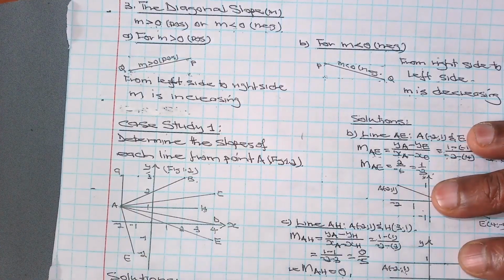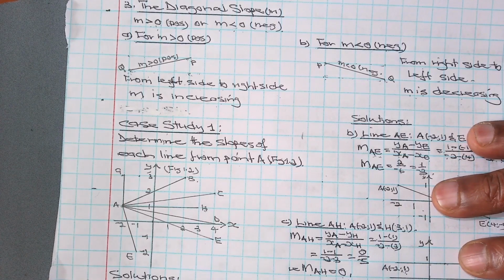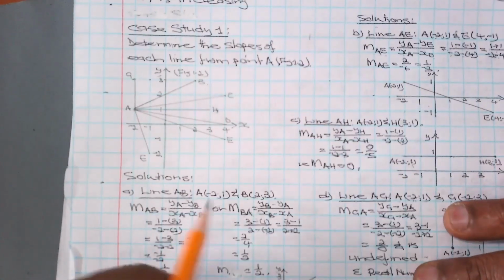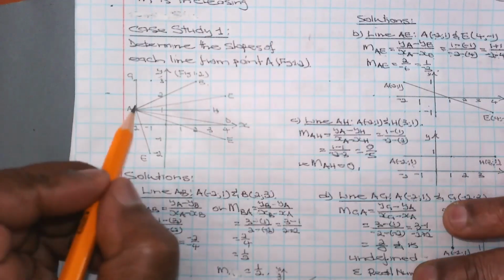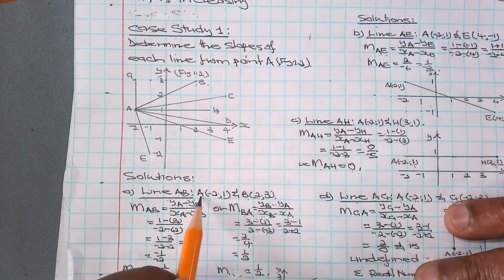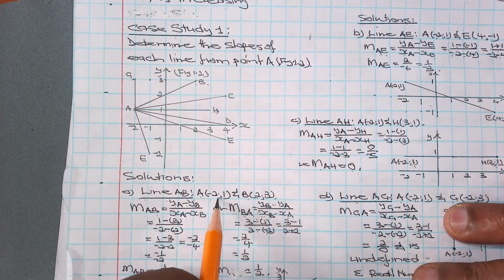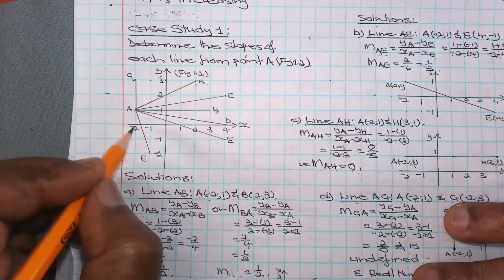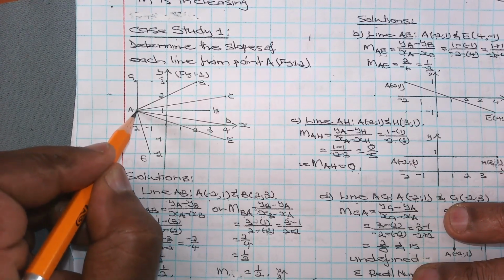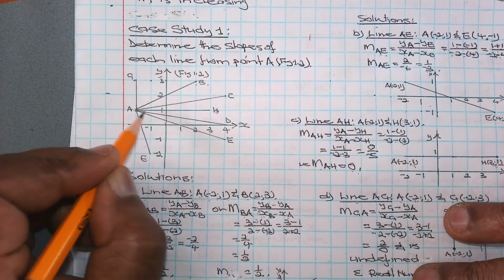Now, I'm going to demonstrate line AB. There is line AB. A is (-2, 1), rising one, and then the run is 2.